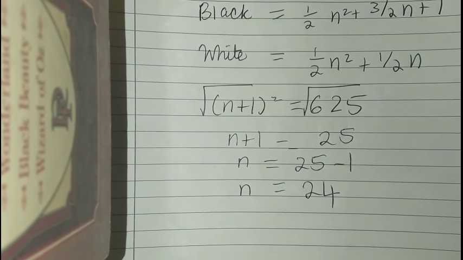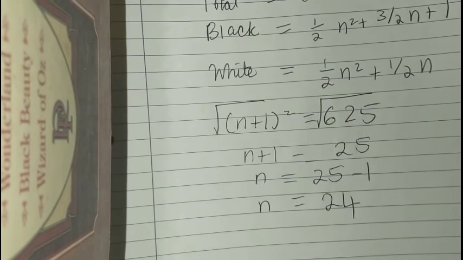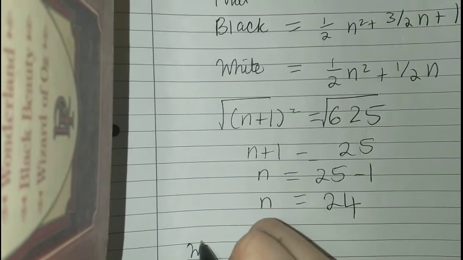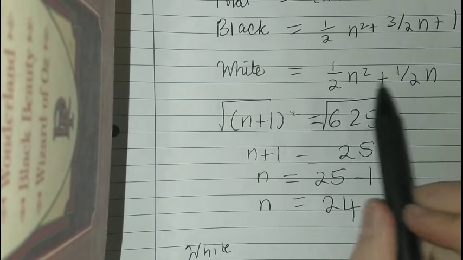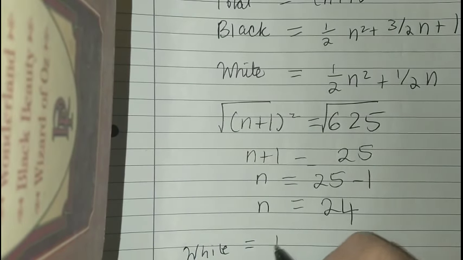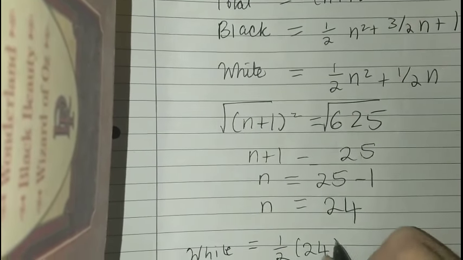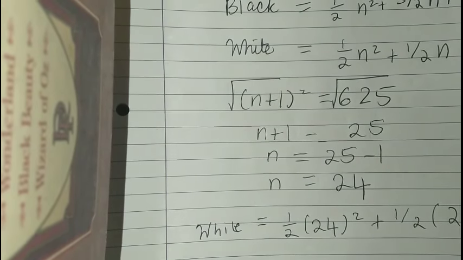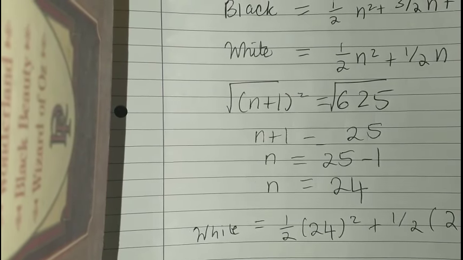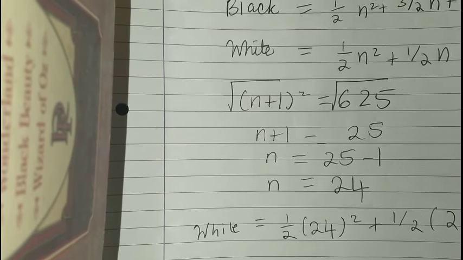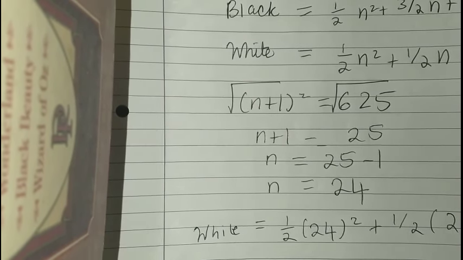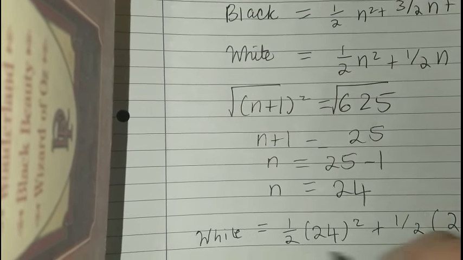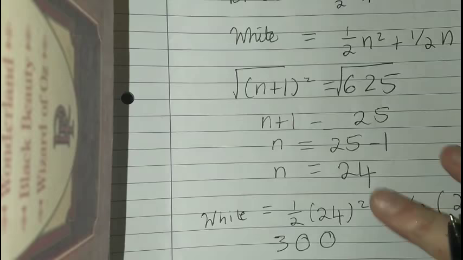Now we can just get the number of white and then subtract from the total to get the number of black. To get the number of white, our formula is a half n squared plus a half n, so a half times 24 squared plus a half times 24. Plugging that into my calculator, I get that there are 300 white triangles.